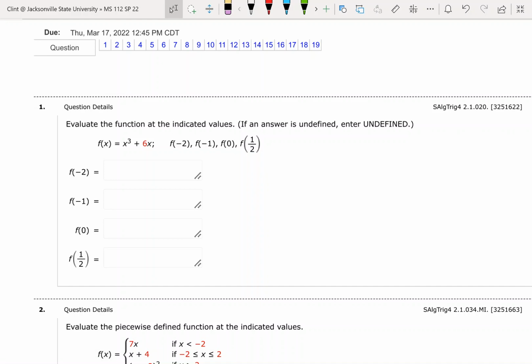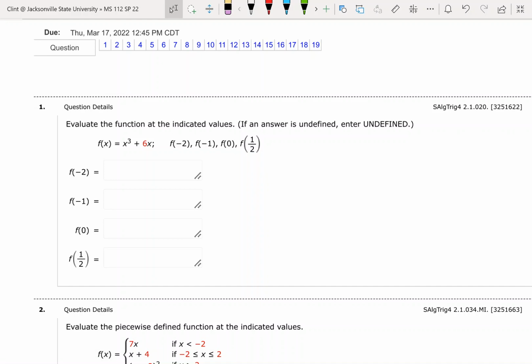Anybody have just any general questions about the test before we start looking at problems? I will give you formulas you need. From just looking back over the test review, there's really not a whole lot that we need. I think the slope formula, and then the vertex formula for getting the vertex of a parabola, is about all.